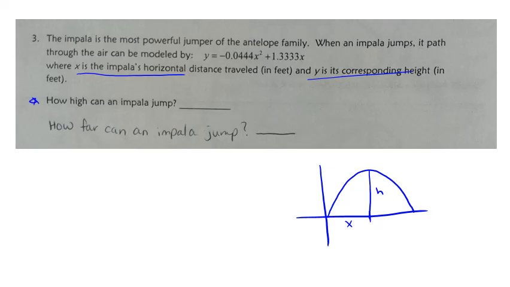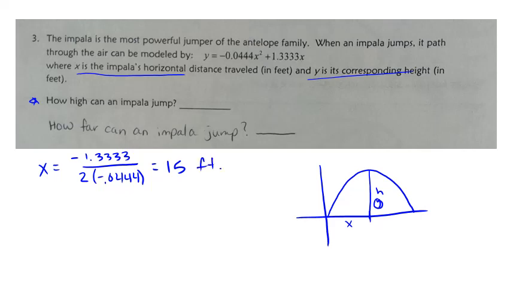So to get that height, which would actually be your y value of the vertex, we would need to start with the x value of the vertex because we're in standard form. So we're going to take negative 1.3333, which is now our negative b, over 2 times a. And I got 15.01, which we're going to call 15 feet.